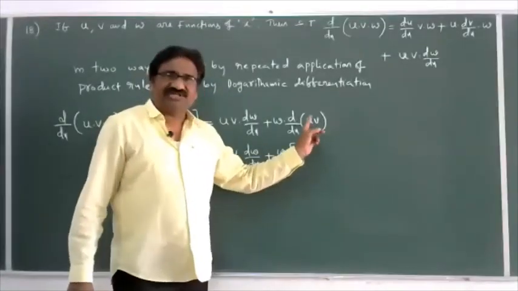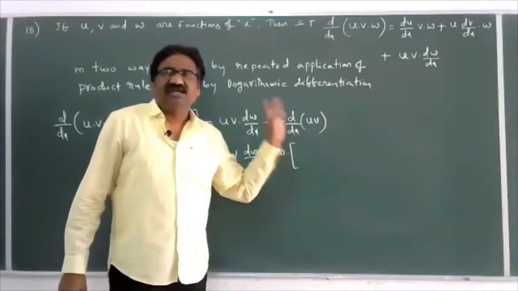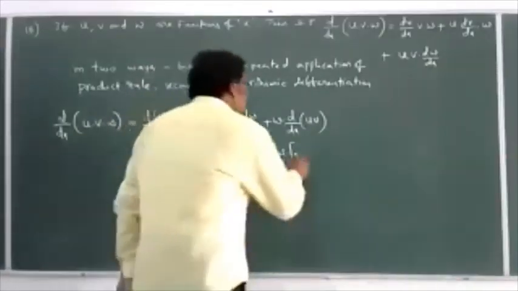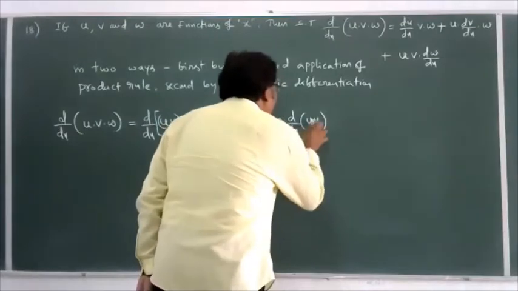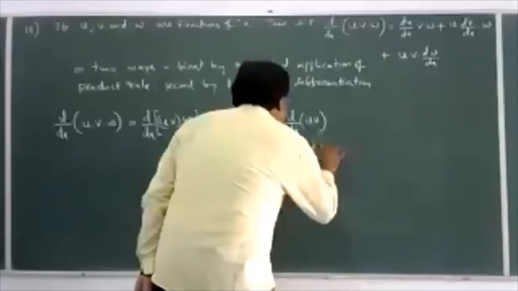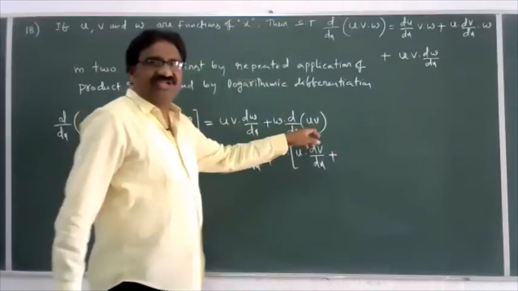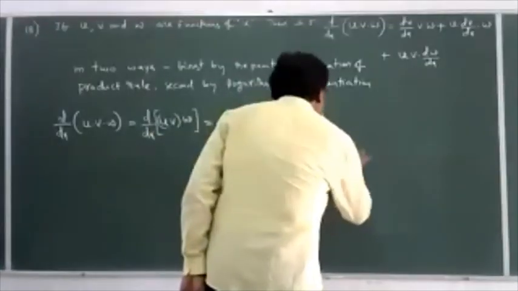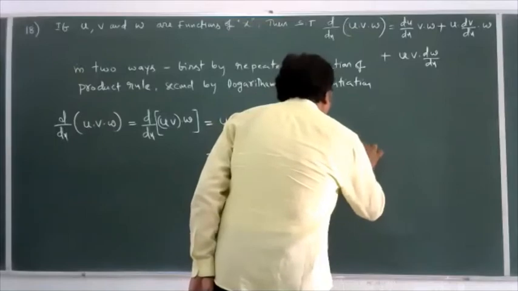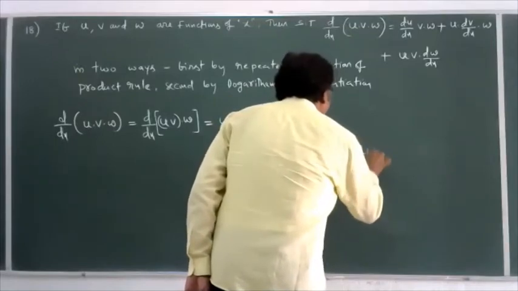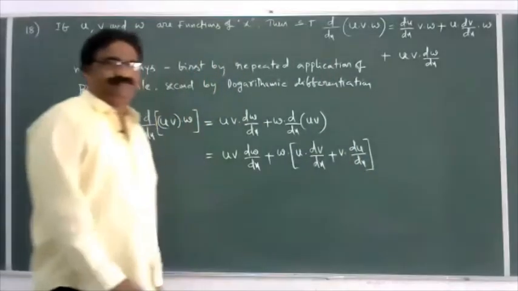u is one function and v is the other function. Here also using the product rule, first function u into the derivative of the second function, dv by dx, plus second function v into the derivative of the first function, du by dx.